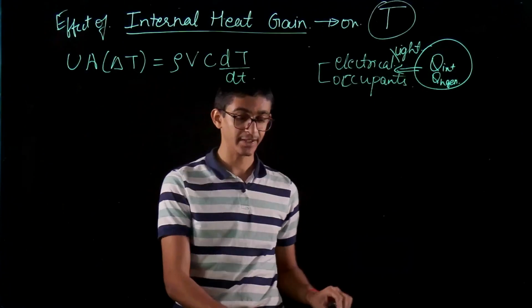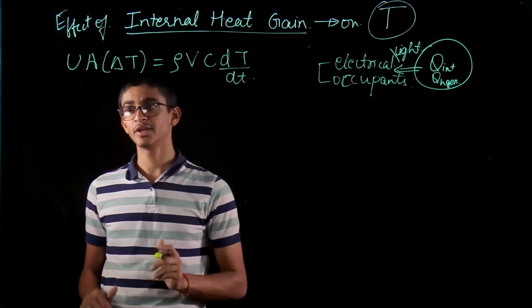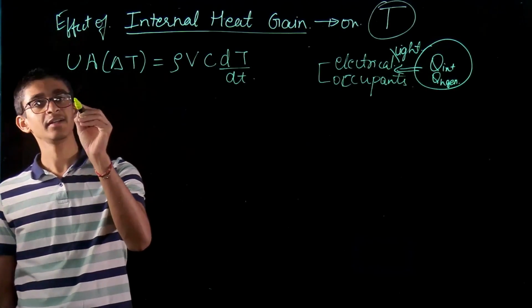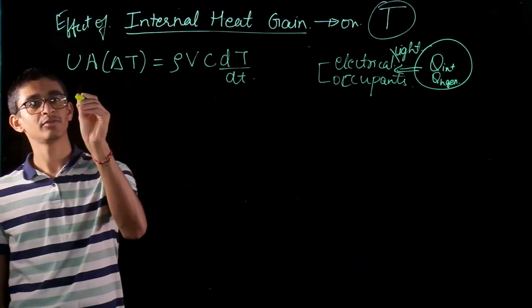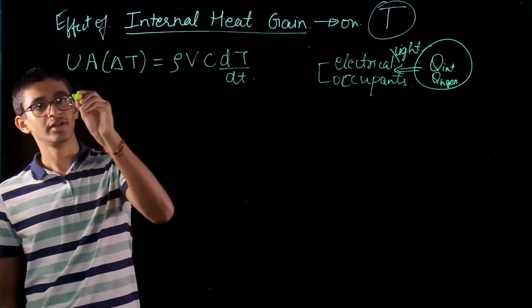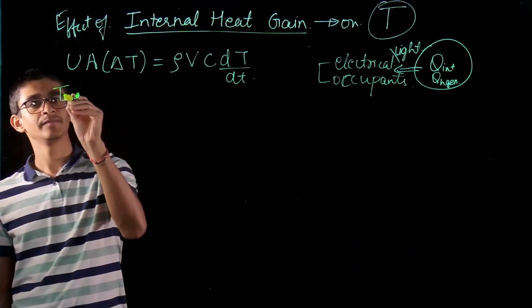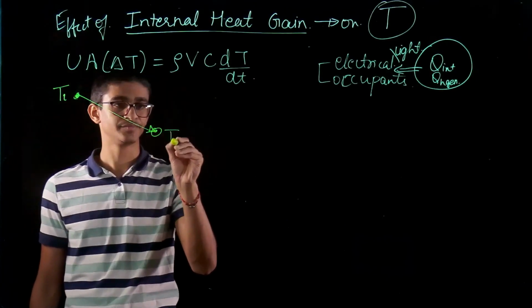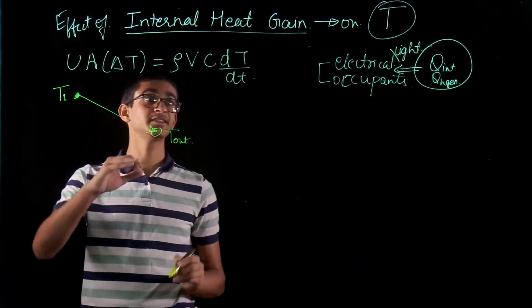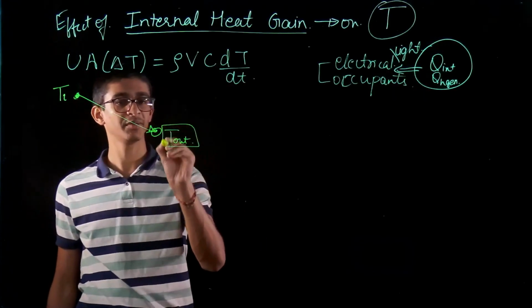So if there's internal heat generation happening, what difference would this make? Initially, let's say the outside is colder, my internal temperature was Ti and it dropped down to T out. But now there is heat generation inside my building, so this T out can never be reached.